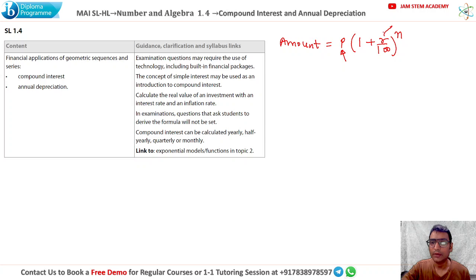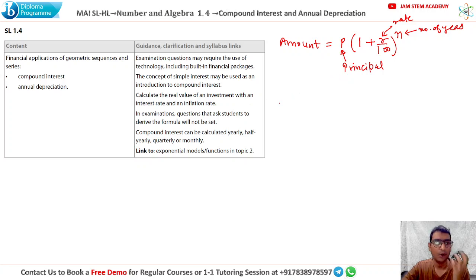R is the rate of interest here, which is compounded annually. N is the number of years. So we will get this much amount after n number of years.